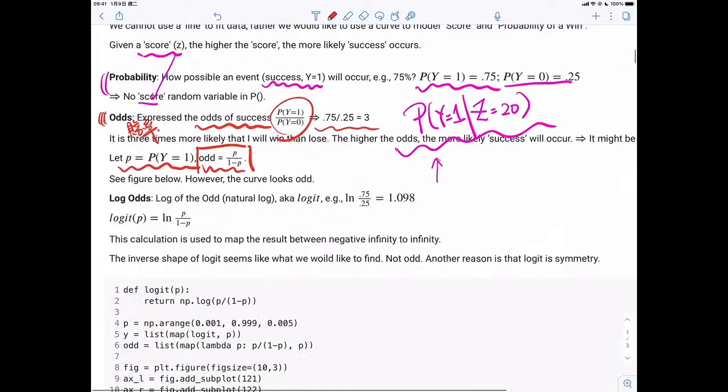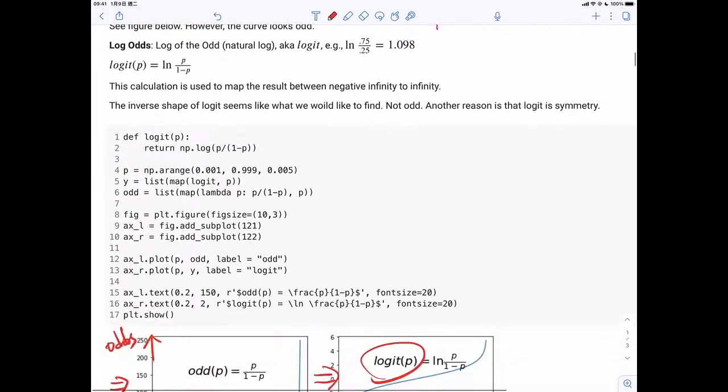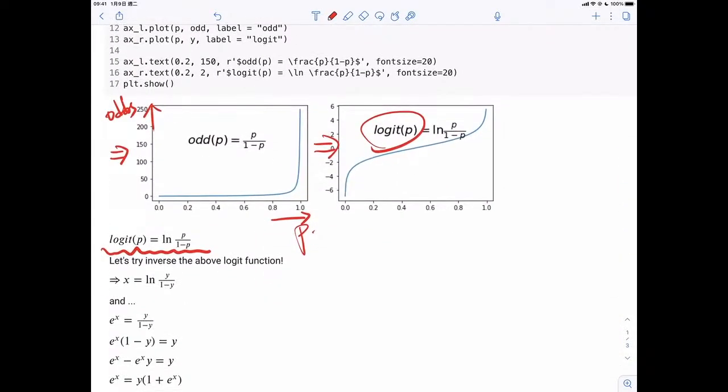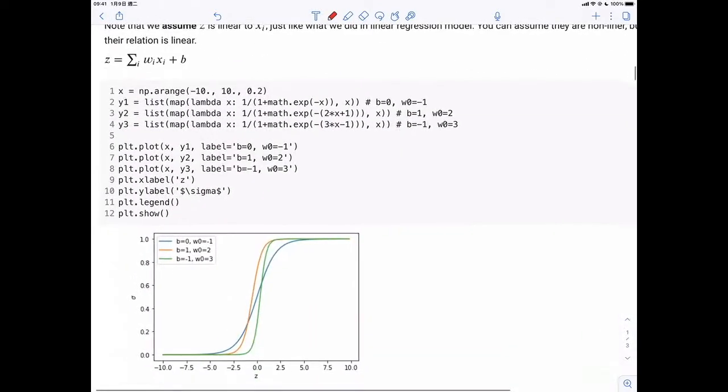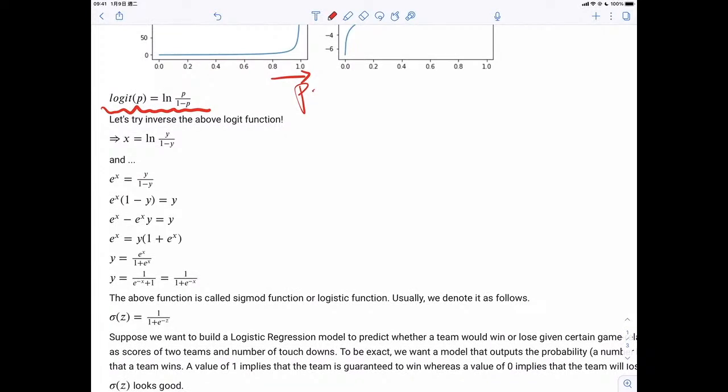However, the shape we like to use is like this one, right? So simply reverse it. Reverse x and y, and we get this value. Mathematicians are so smart, they know we have a shape like this, and this shape can be derived by using odds.